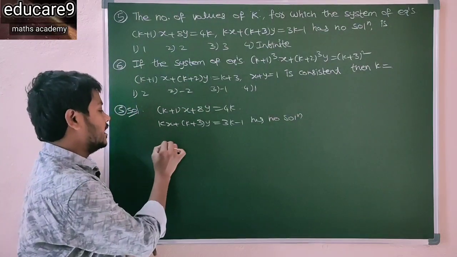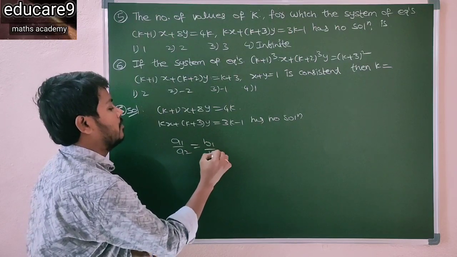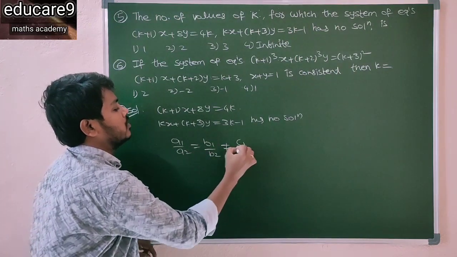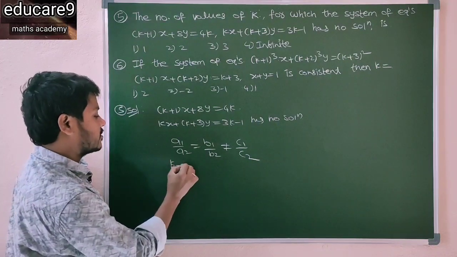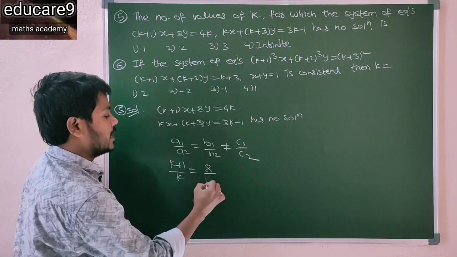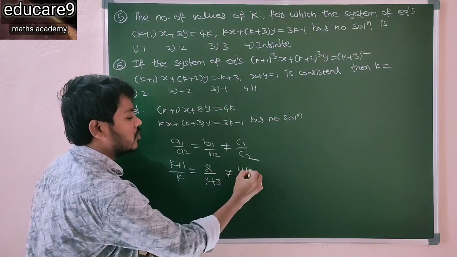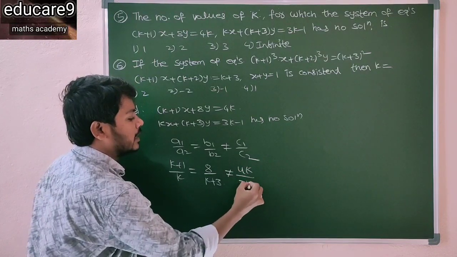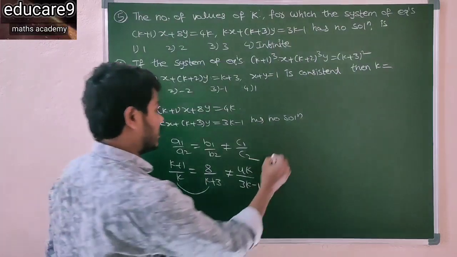So therefore clearly a1/a2 = b1/b2 is not equal to c1/c2. So see here, (k+1)/k = 8/(k+3) is not equal to 4k/(3k-1). So take these two. So what you get?